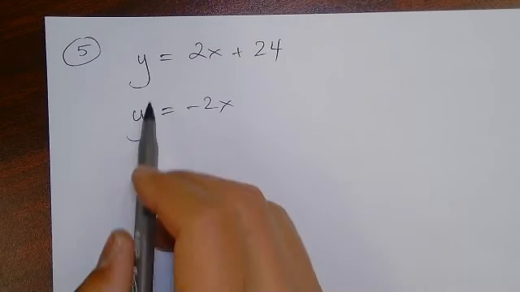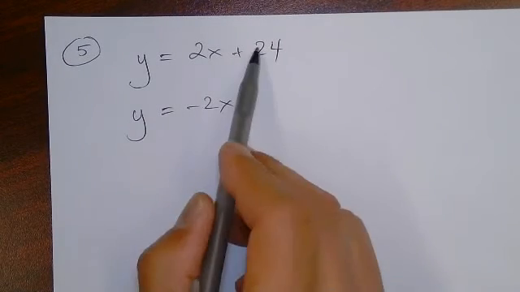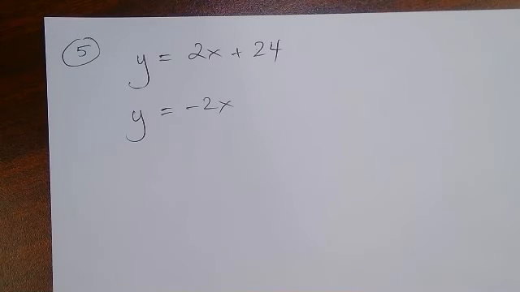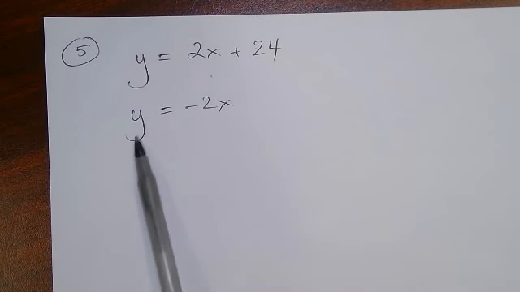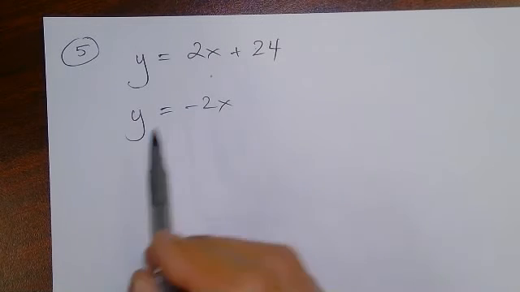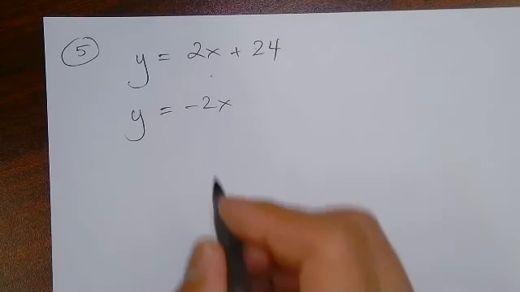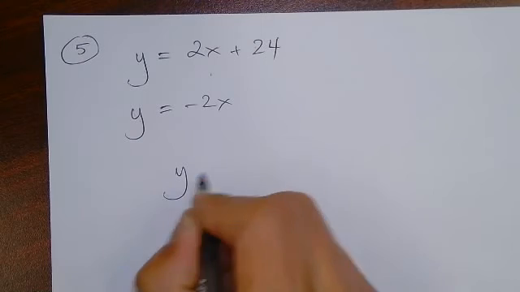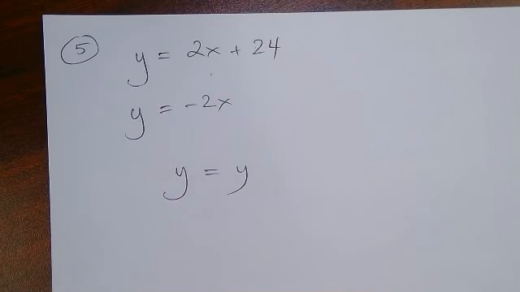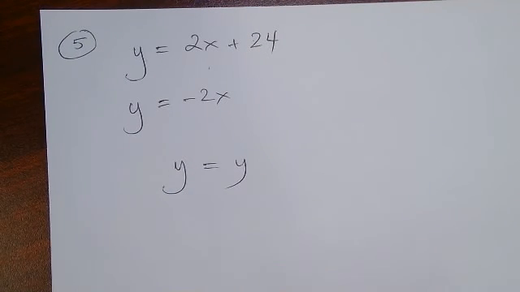Okay, if you notice for these, this one says y is equal to this, and this one also says y is equal to this. When you have them both saying y is equal to or x is equal to, you can just set these equal to each other, right? Because y is the same as y.